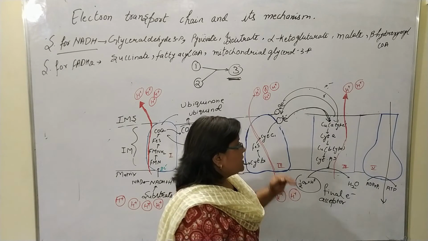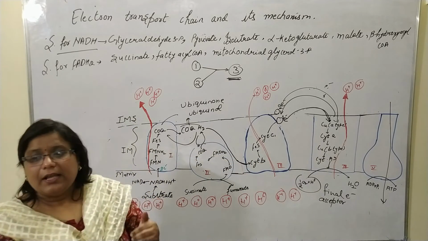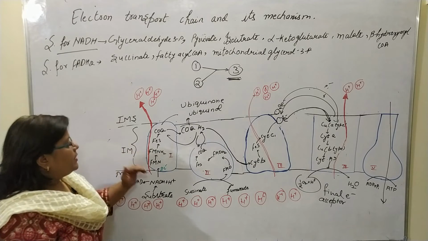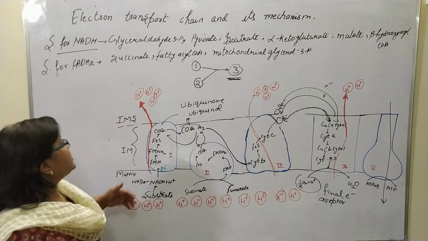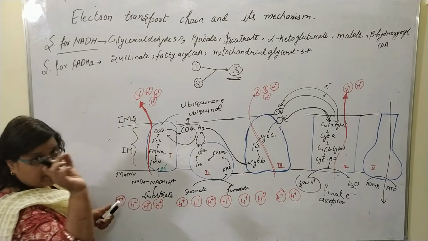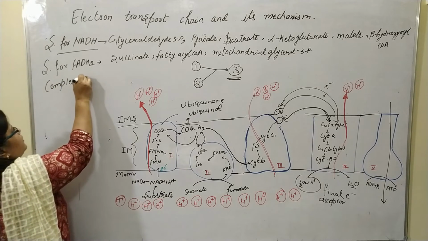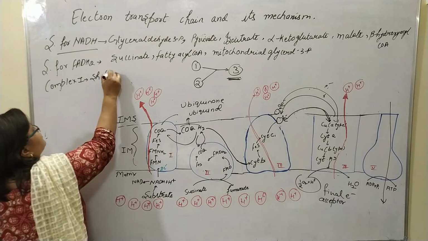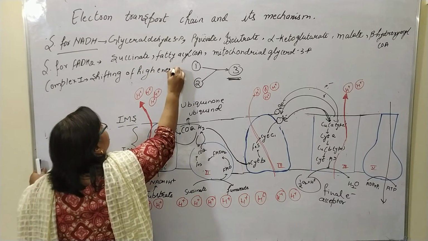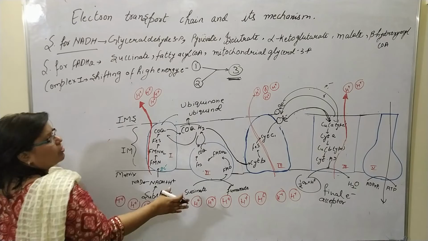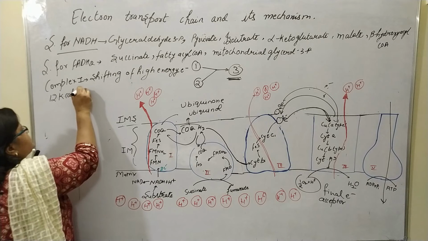Now up to this complex 4, the main thing is that in complex 1, due to the shuffling of this high energy electron, around 12 kilocalories of energy are generated.